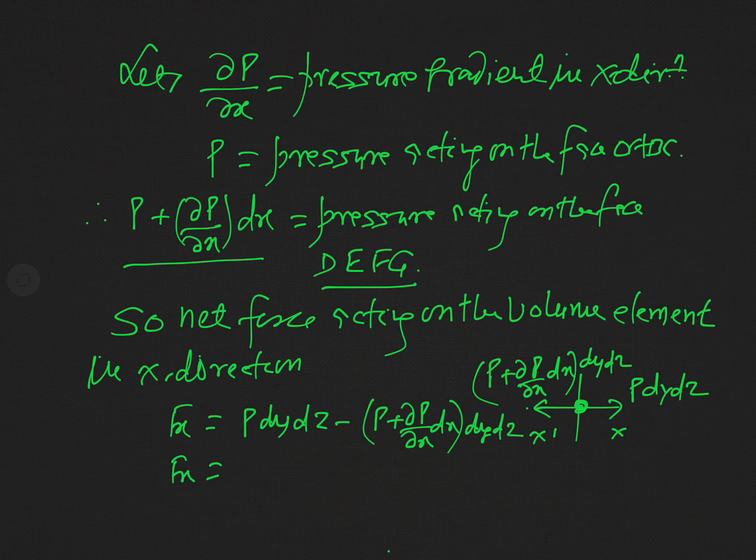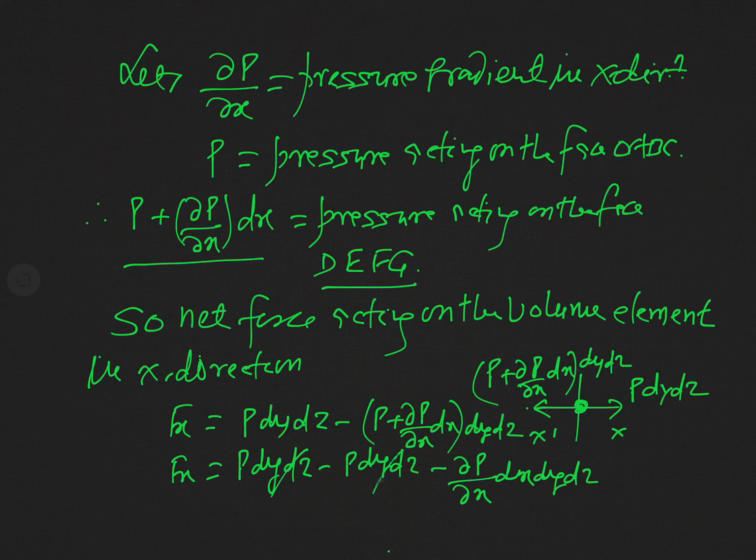You can see that this is P dy dz minus P dy dz minus del P by del x dx into dy into dz.